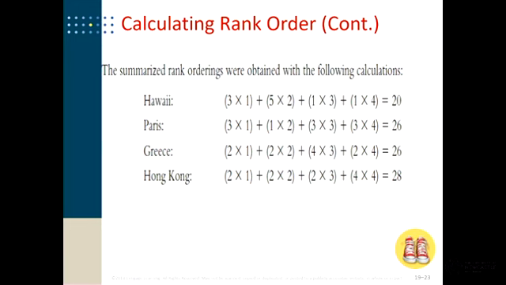Then how much total score would Hawaii have got? Total score would have been 10. So actually, Hawaii is the most preferred one. It got a score of 20, and since it's the lowest, because the lowest score means it's ranked high, Hawaii is the most preferred one compared to other destinations.